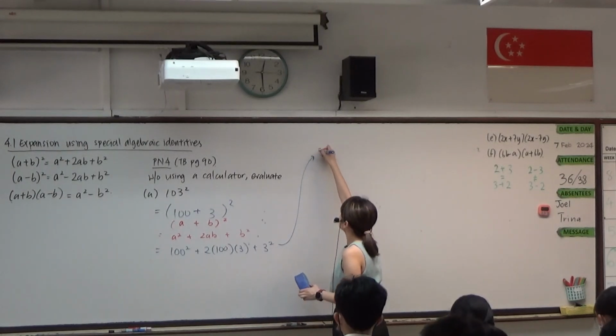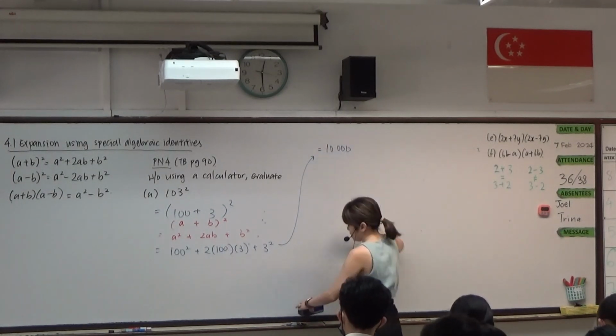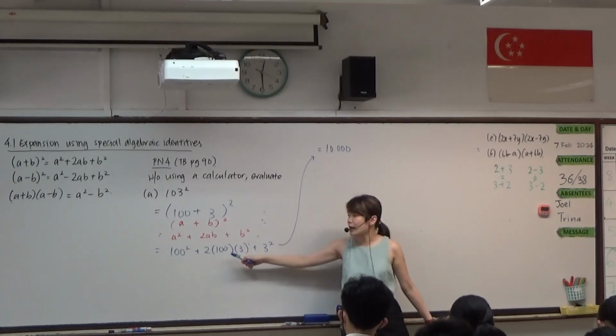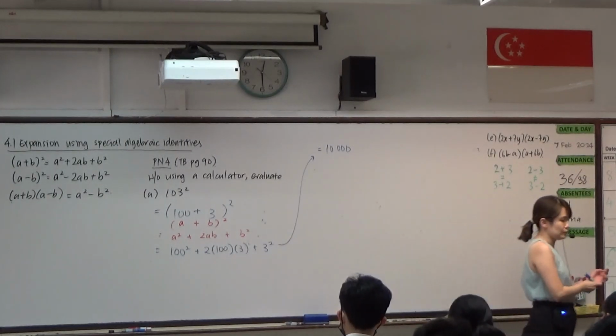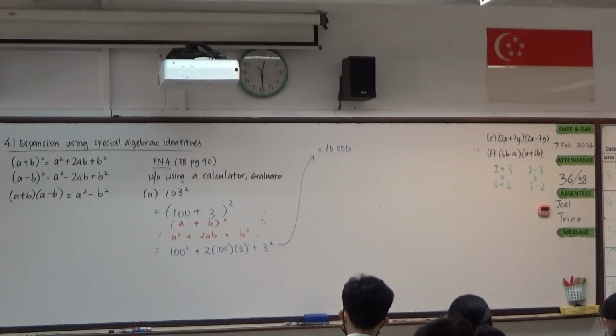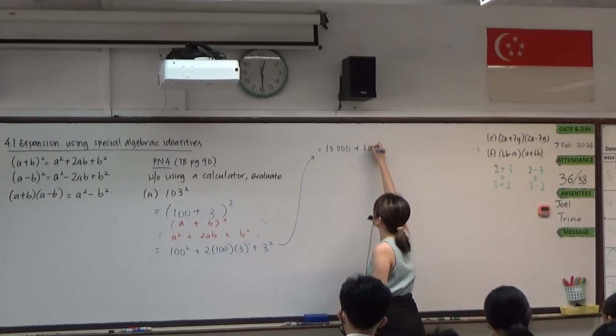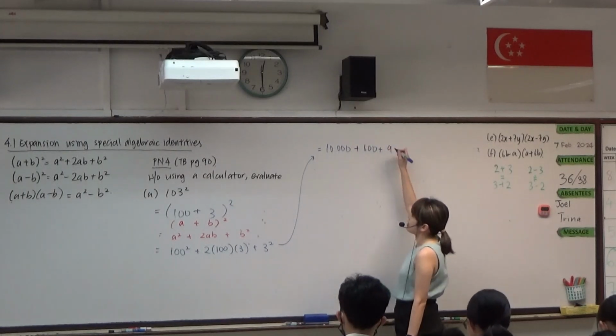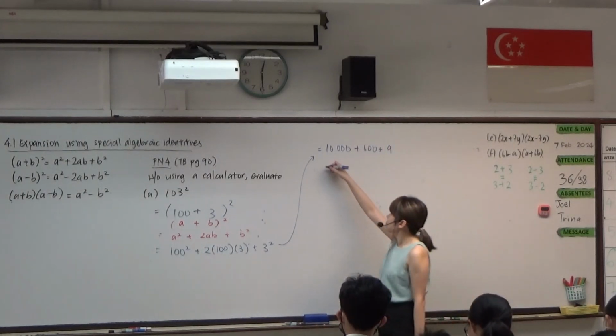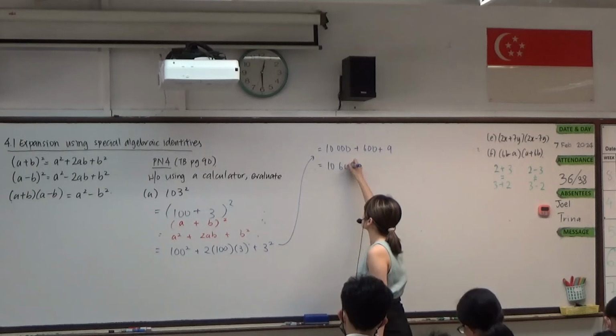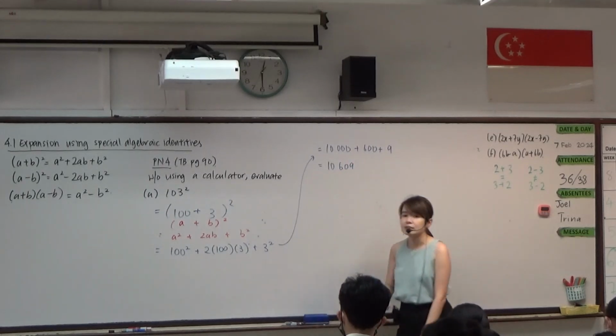Then 2 times 100 times 3, mental calculation, is 600. Then 3 square is 9. So very easily, you see, our answer is 10,609.